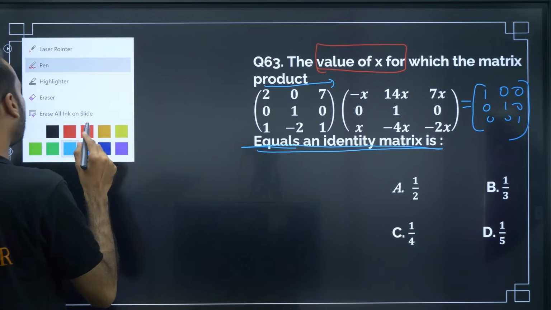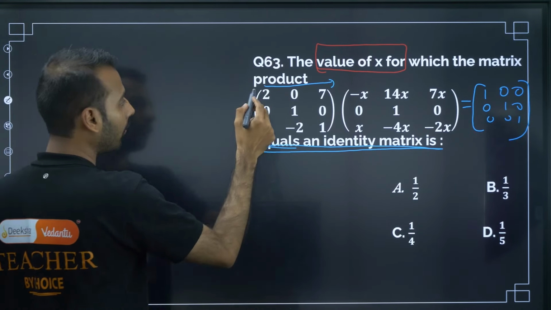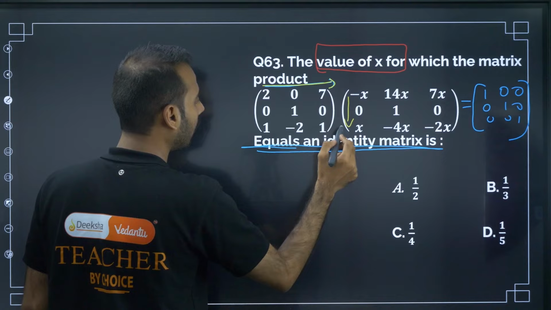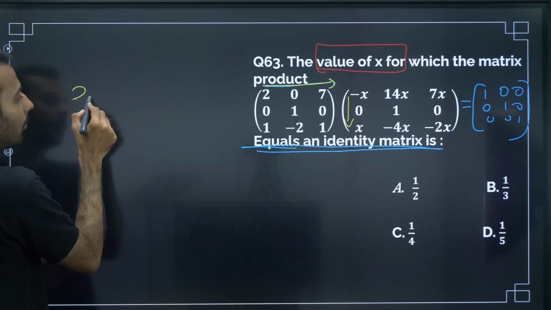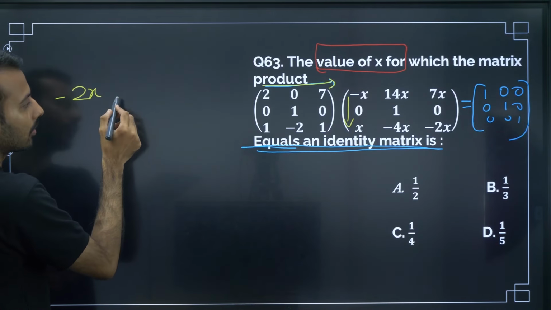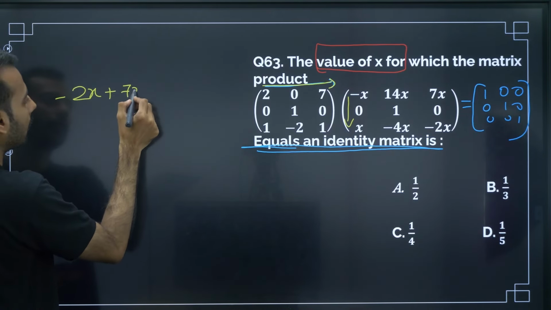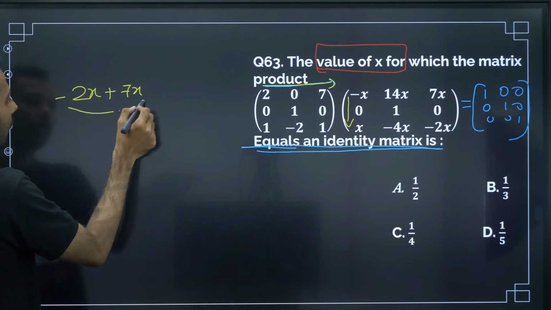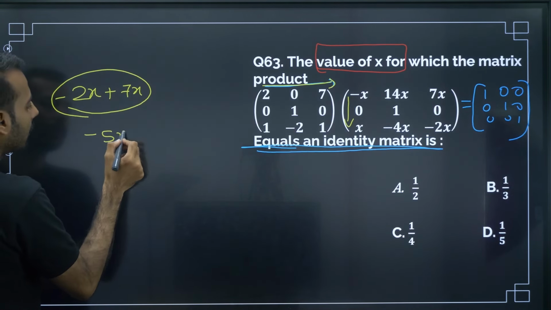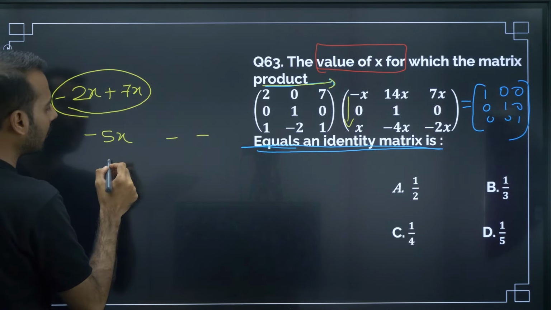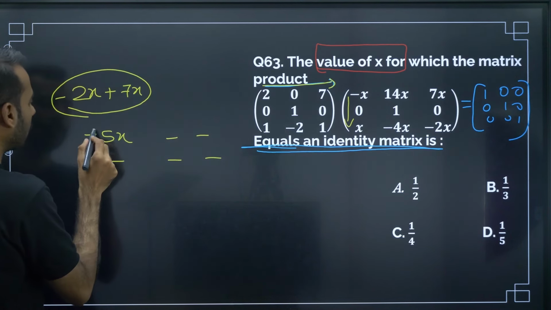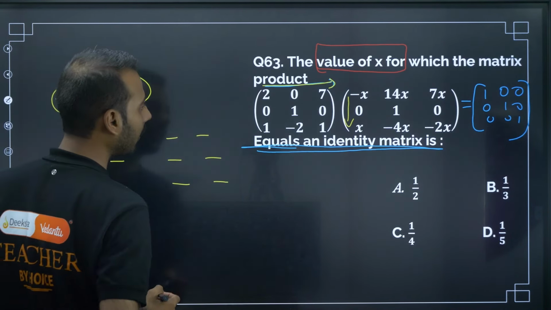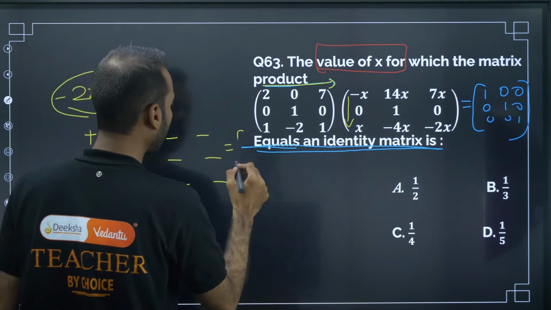Now matrix multiplication you should be knowing, we have to go in this way and then this. So minus 2x plus 0 plus 7x. Now here this is 5x.